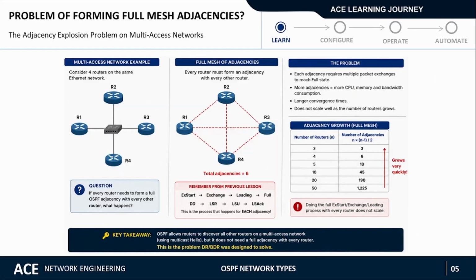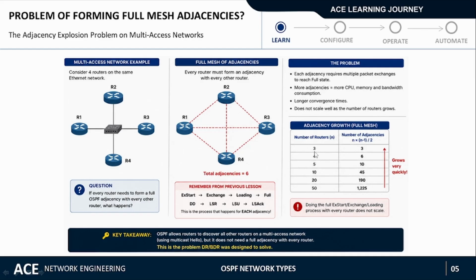But now that brings a very big problem, because it will mean each router will require very high processing capacity, very high memory, and sometimes take a long convergence time. So that method of forming a full mesh, determined by that formula, n times n minus 1 divided by 2, does not scale very well for many routers.